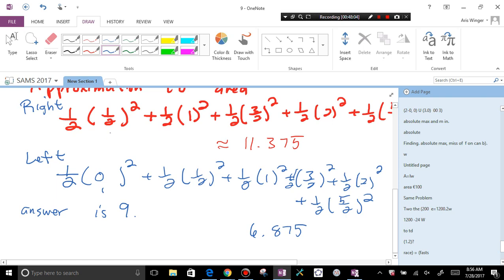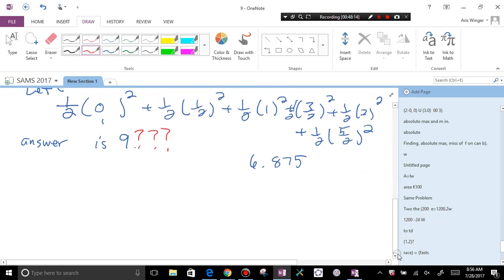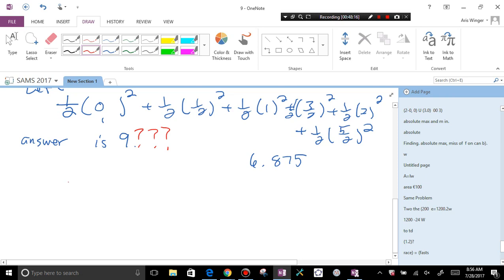Any questions about that? All right, here's how we're going to get the exact answer. We make a remark: x squared is nice and continuous from 0 to 3.